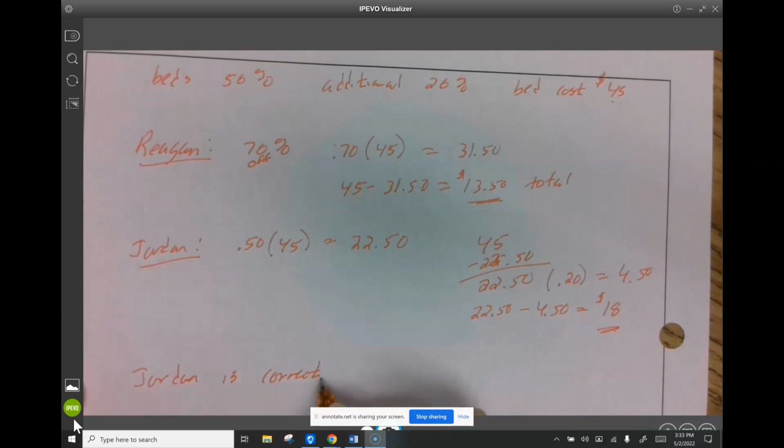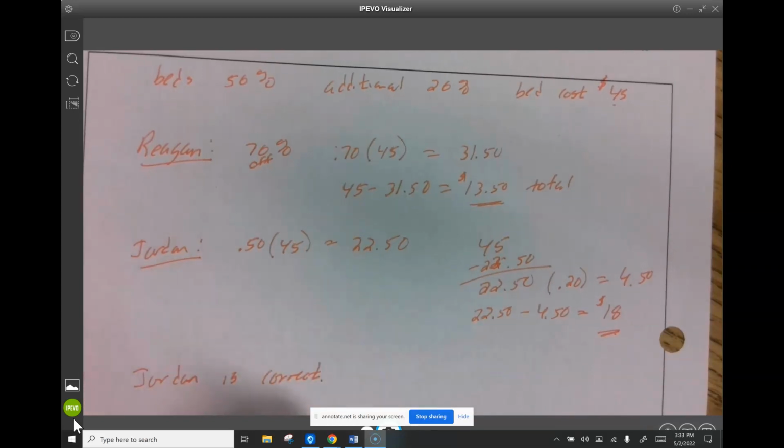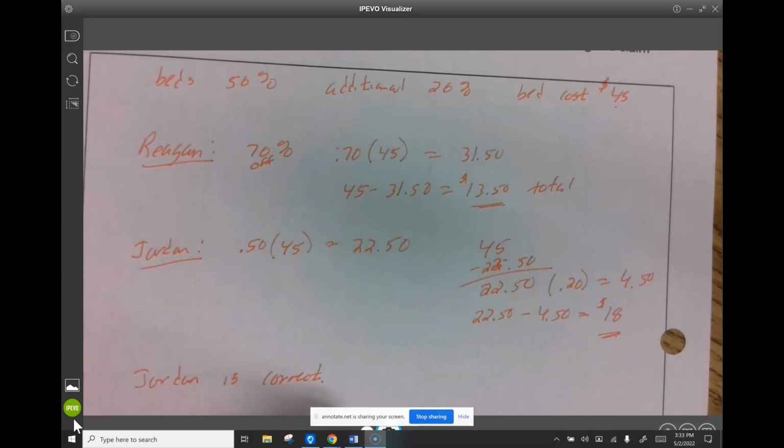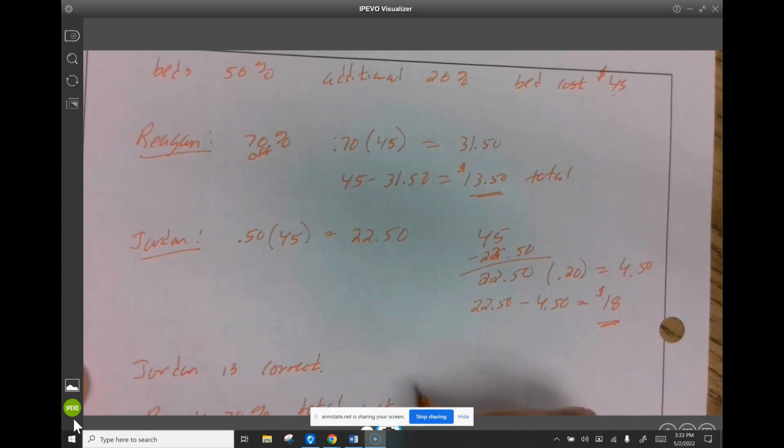Okay? And our reasoning is, what we need to do is show Reagan's 70% off total cost. Reagan's total cost is $13.50.